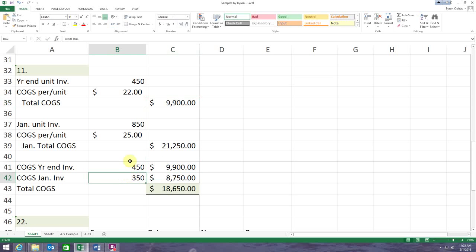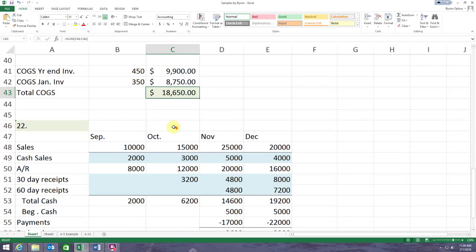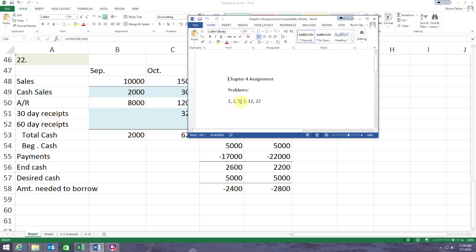Now then, I'm going to sell 350 of them, and they're going to be at this $25 price point, or cost. So I simply have to put this is equal to my 350 times my 25 bucks per unit, and that's equal to that. So my total cost of goods sold is equal to $18,650.